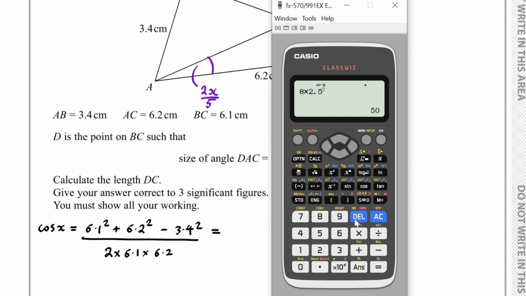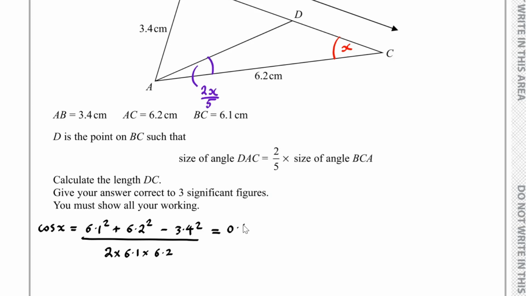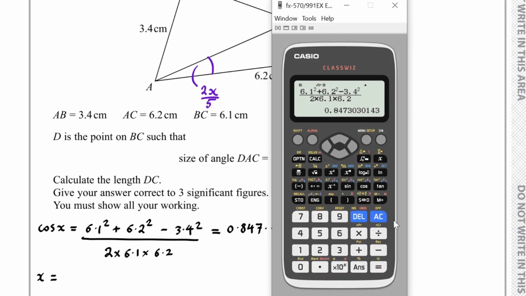And if I work this out, we get 0.847. Okay. And therefore we can find out what x is. X is going to equal the inverse cos of this, which is 32.08.